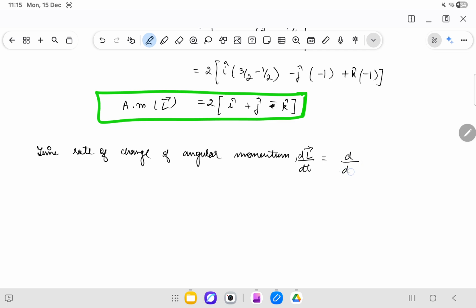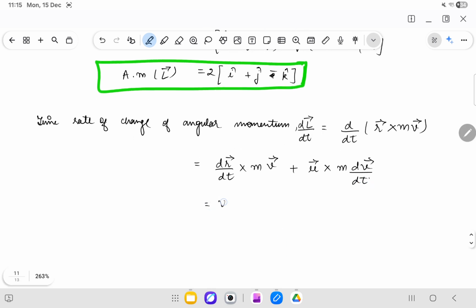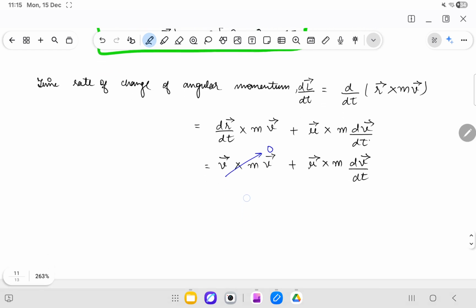So it will be d/dt of r cross mv, which will be given by dr/dt cross mv plus r cross m dv/dt. So dr/dt is the v vector only, so it is v vector cross mv vector plus r vector cross m dv/dt. Since the cross product of a vector with itself is 0, this term reduces to 0 only, so we'll be left with the second term only. So let's evaluate it.